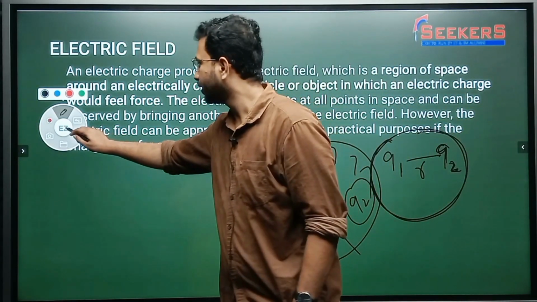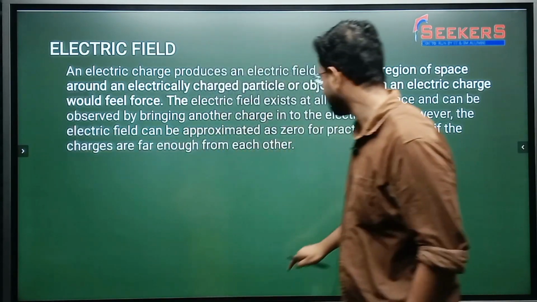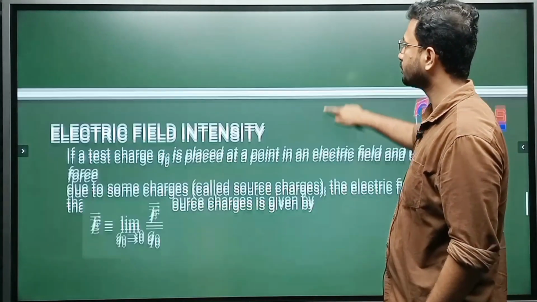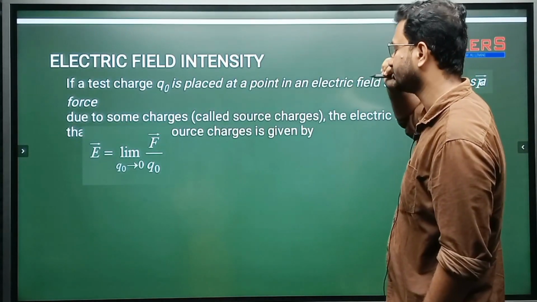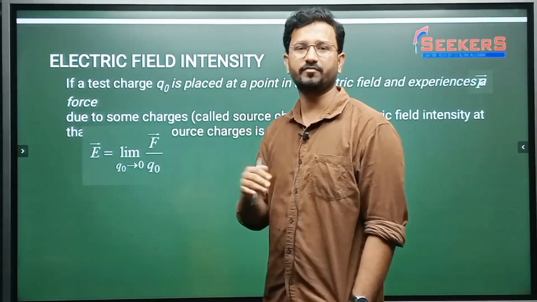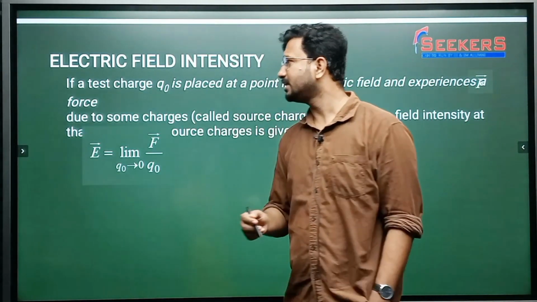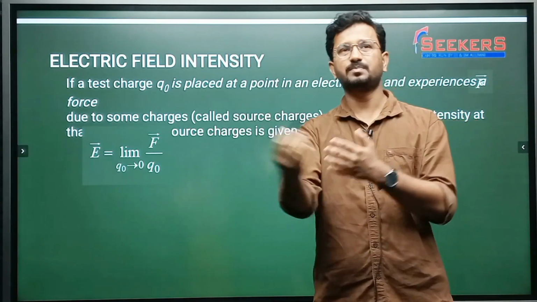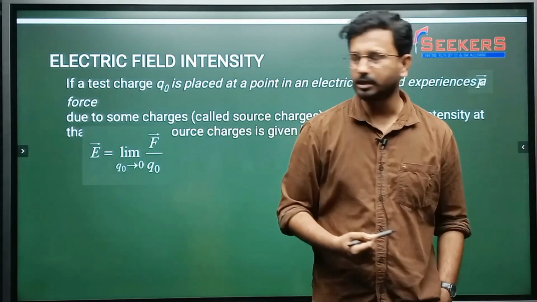Now coming to electric field intensity. There is a difference between electric field and electric field intensity. Electric field generally refers to the area. Electric field intensity means how much a charged particle can exert force on another charged particle.